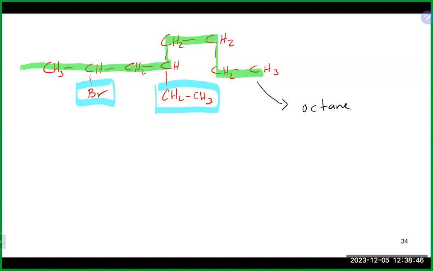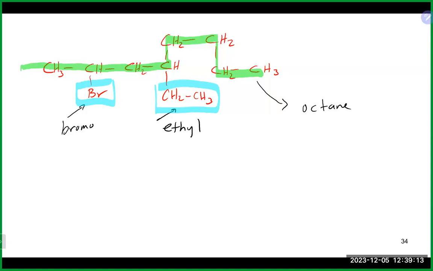So this is a 2-carbon group, and 2 carbons is ethane, so based off of ethane, that would be an ethyl group. It has the YL ending because it's missing one hydrogen to allow it to connect in. We have bromine here, which is going to be a bromo group in this case. Any questions on that so far?